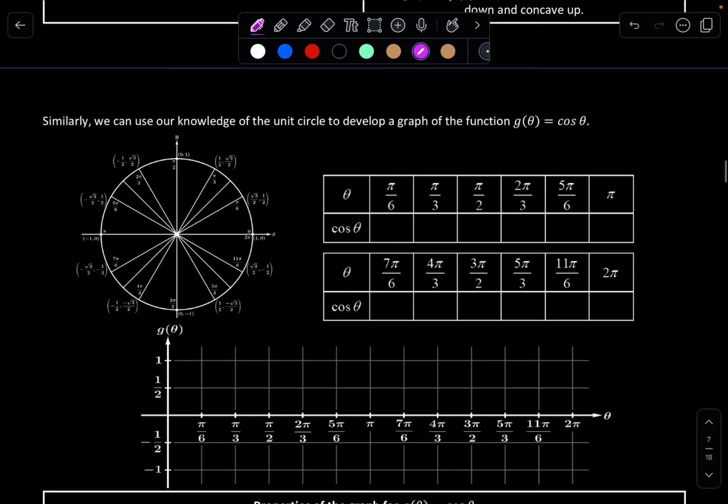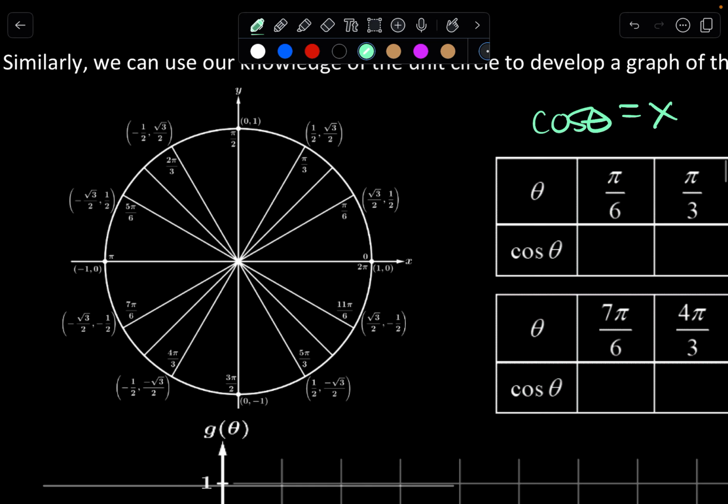All right, so for cosine, not much is going to be different, except now we're going to be talking about the x-coordinates. So cosine theta is equal to the x-coordinate. So now I will try and use some more color coding. If we look at our x-coordinates, starting at the origin, the x-coordinate is going to be 0 on the y-axis.